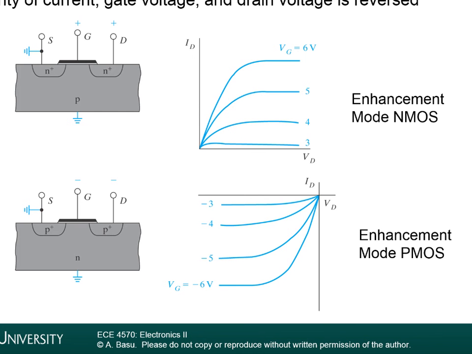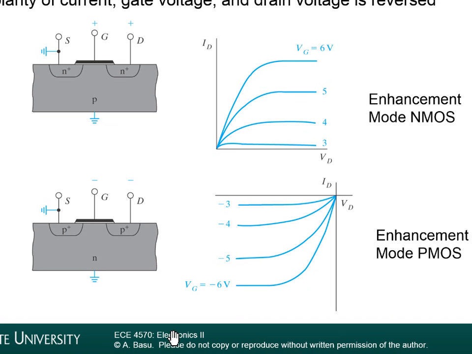In a PMOS device, it's the same idea, except everything's in reverse. You have an N-type substrate instead of a P-type substrate. The source and the drain are both P+, and you form a P-type channel underneath the gate. Now keep in mind, and this is the thing I want you to understand very well, in order to turn on a PMOS device, you actually have to apply a negative gate voltage.